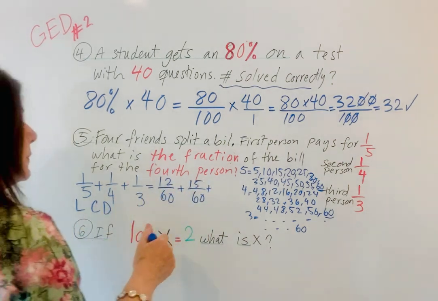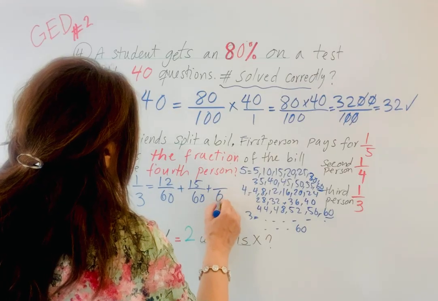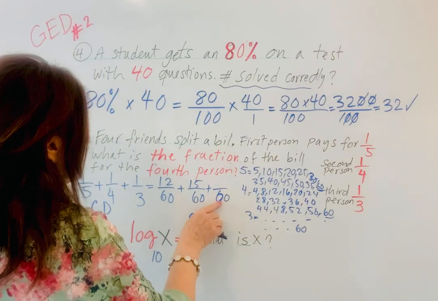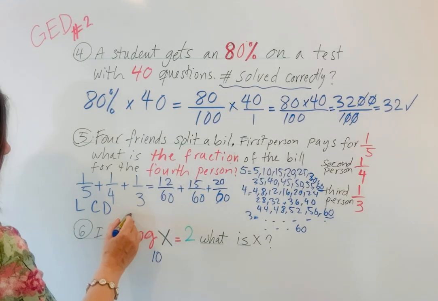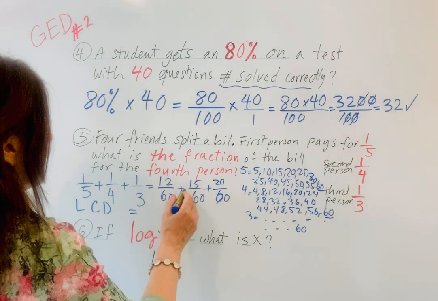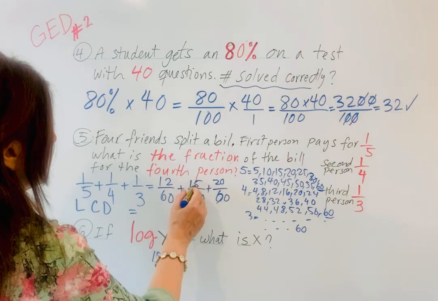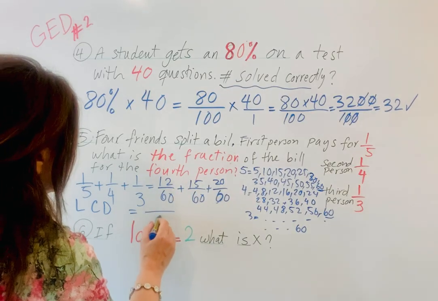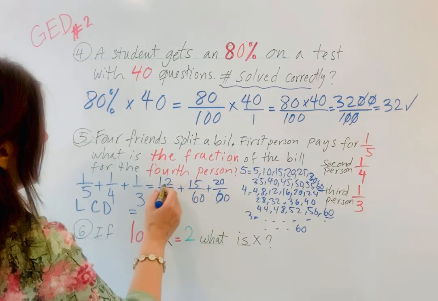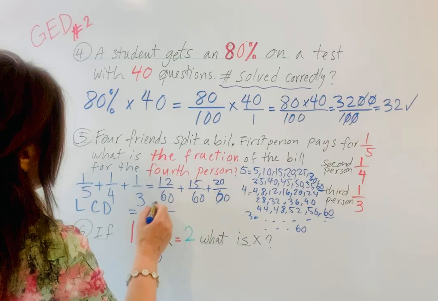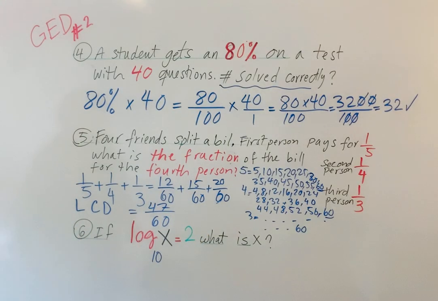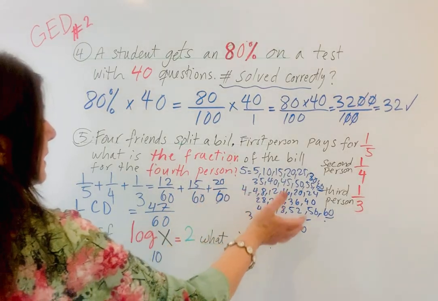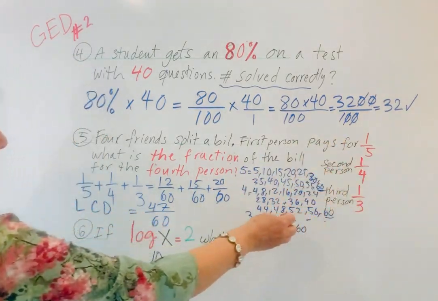For 1/3, 3 times 20 gets 60, 1 times 20 gets 20. Okay, what is the final answer? The final answer is 12 plus 15 plus 20 over 60. This is 47. Yes, 47 over 60 is the sum of the fractions of these three people.